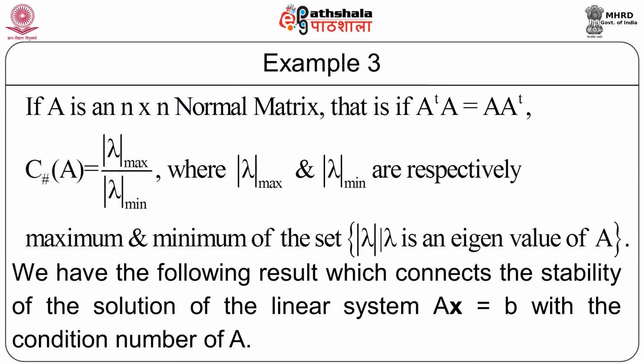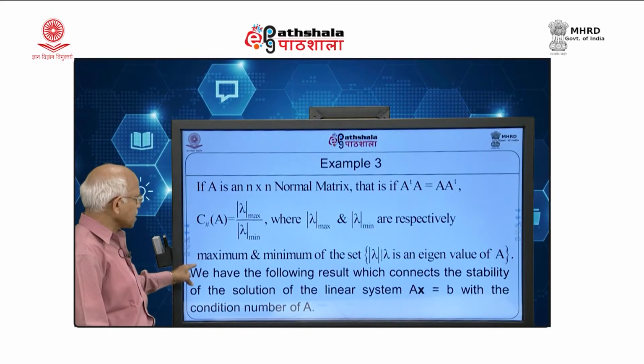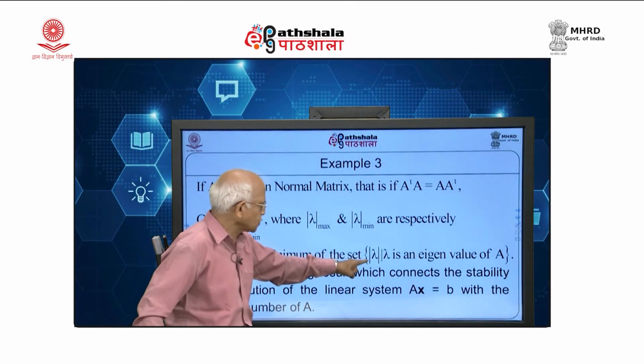If A is an n cross n normal matrix, that is if A transpose A is equal to A A transpose, in that case the condition number can be represented in terms of the eigenvalues of matrix A. So, lambda max and lambda min are respectively the maximum and minimum of this set.